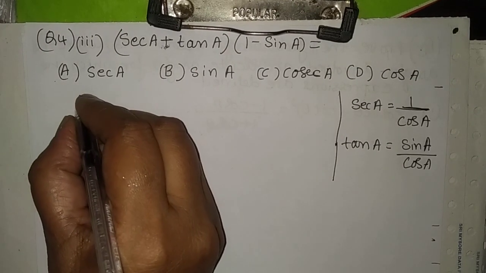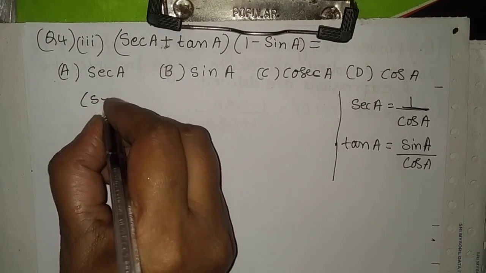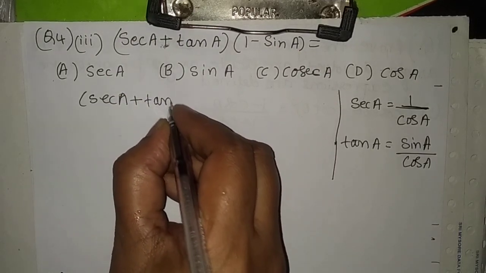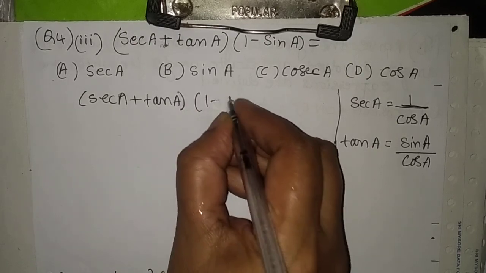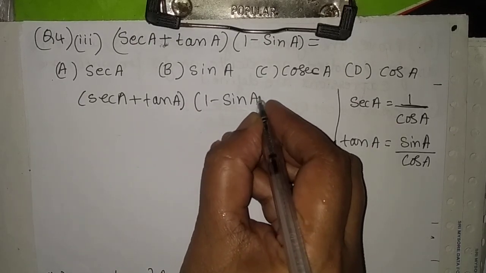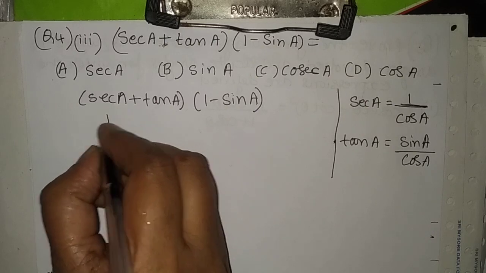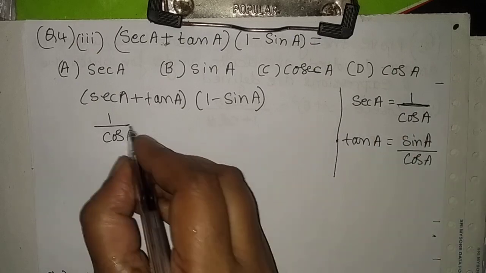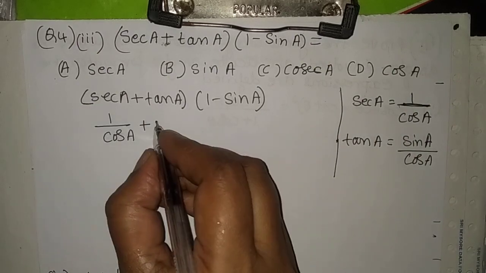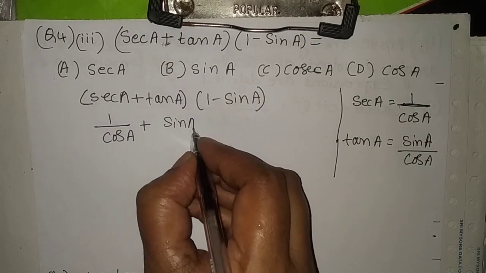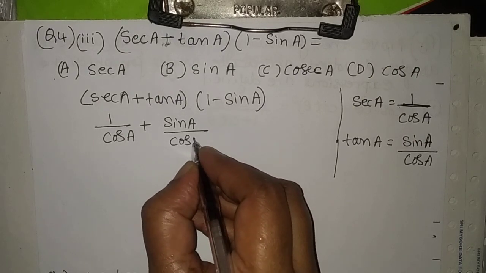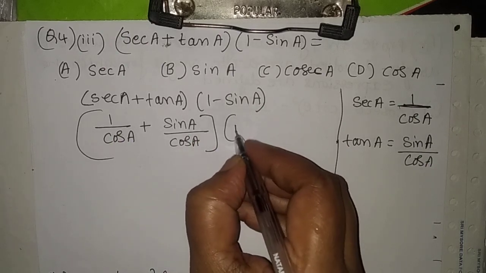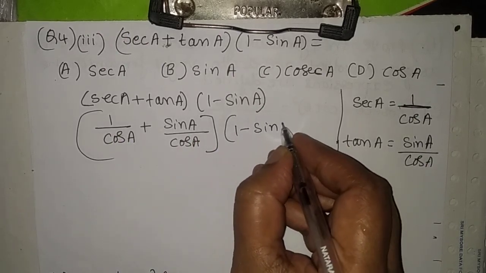Now substitute and write the problem here: (secant A plus tan A) into (1 minus sin A). Substituting, secant is 1 by cos A plus tan is sin A by cos A, into (1 minus sin A).